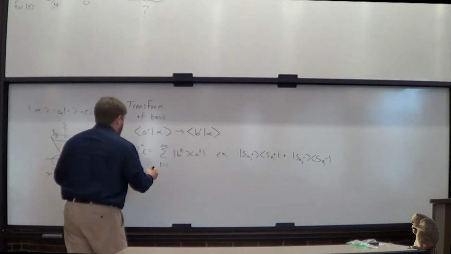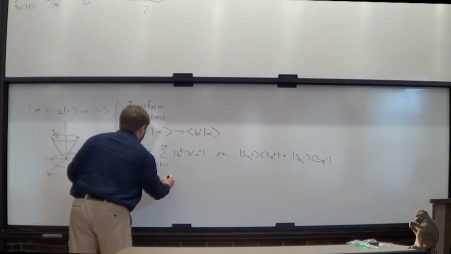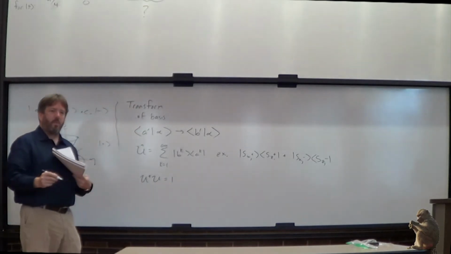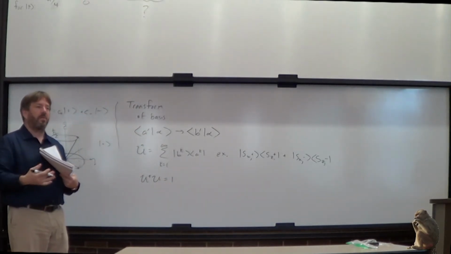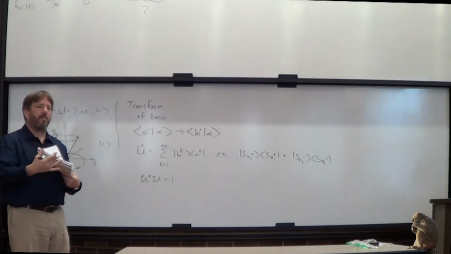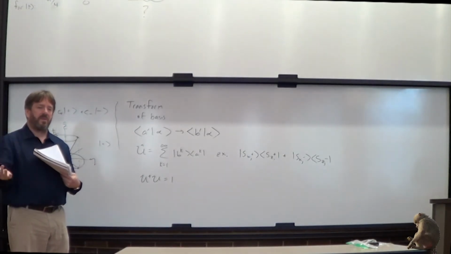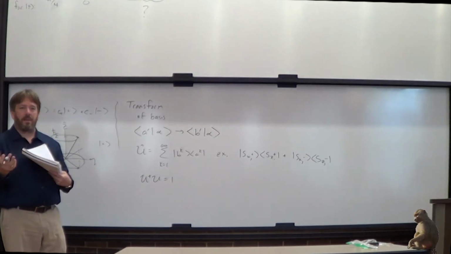The other thing to note is that the operator times its adjoint needs to be 1. Now you're seeing an operator whose adjoint isn't the same. For Hermitian operators, the adjoint and the operator are exactly the same thing. That's true of all operators that give you things that are real, like your position, your momentum, your energy, your angular momentum.